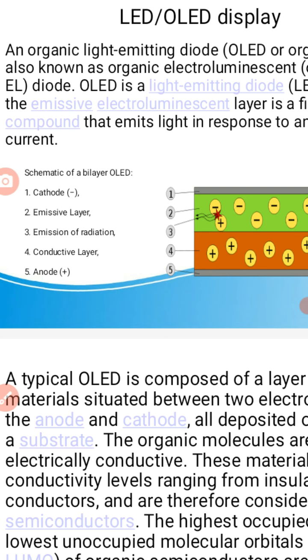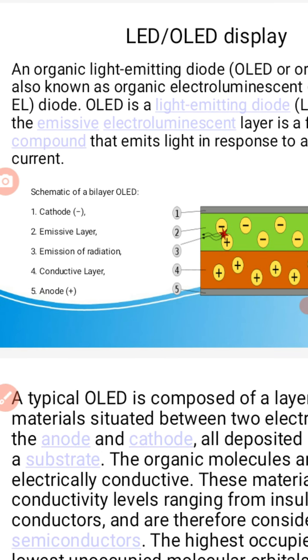When the power is switched on, the cathode starts receiving electrons from the power source and the anode starts losing them. As a result, the emissive layer, which is adjacent to the cathode, becomes more negatively charged, and the conductive layer becomes more positively charged.